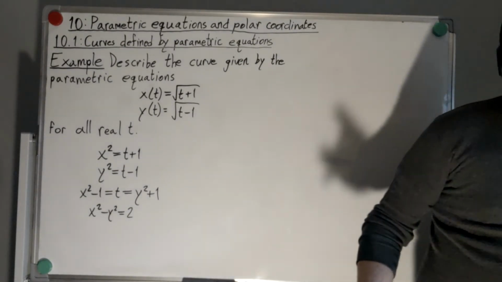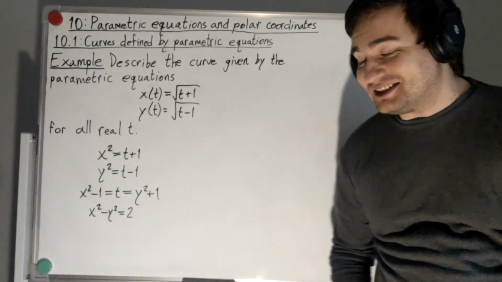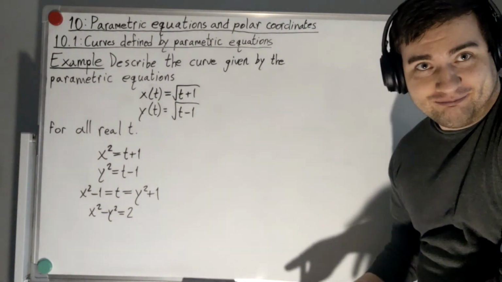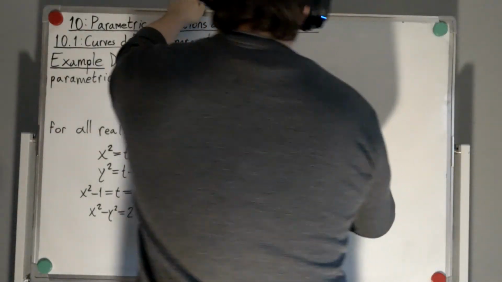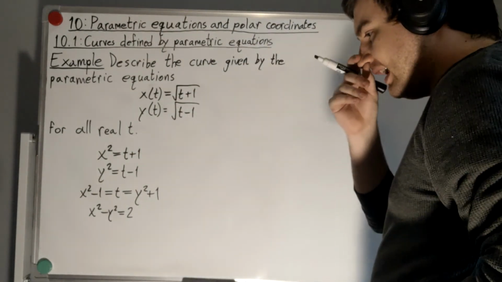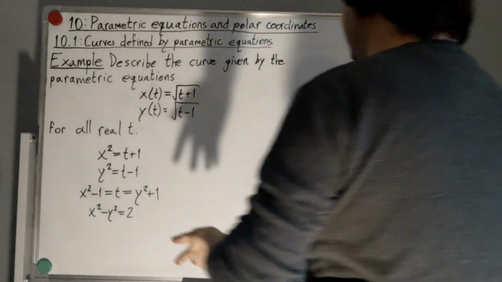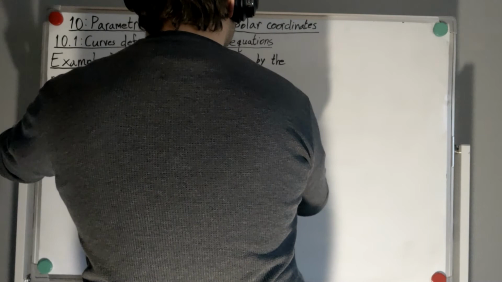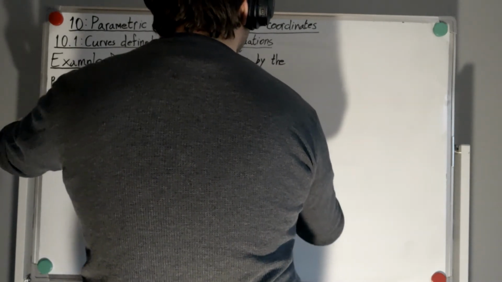Now that, which again you may or may not have learned in pre-calculus, is a hyperbola. Okay? Hyperbola, just recall, is a curve that has two asymptotes that are perpendicular to each other.